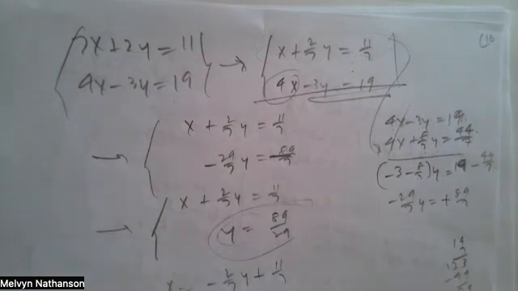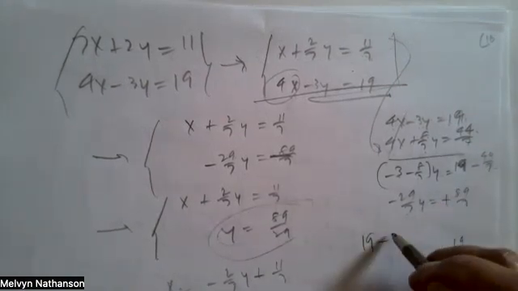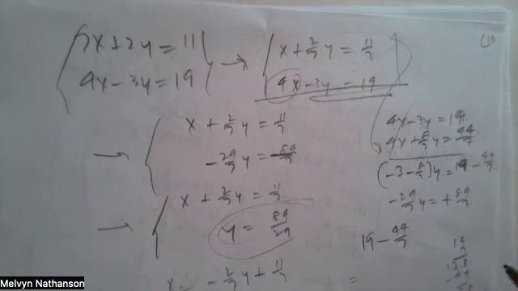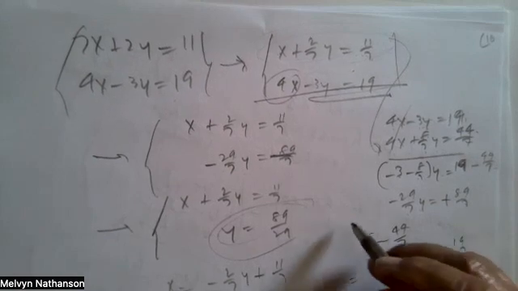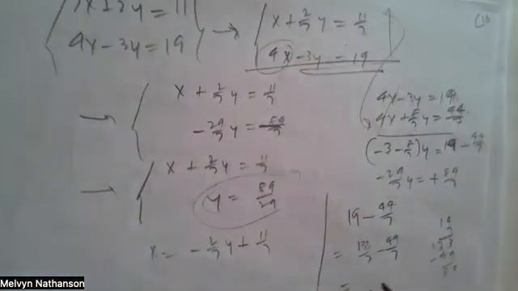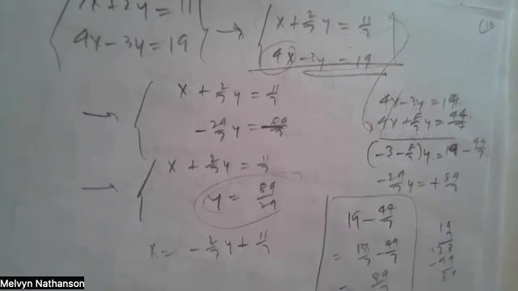How is it 89 over 7? 19 minus 44 over 7 is 133 over 7 minus 44 over 7. Right? Is 89 over 7. So I see that's 133.